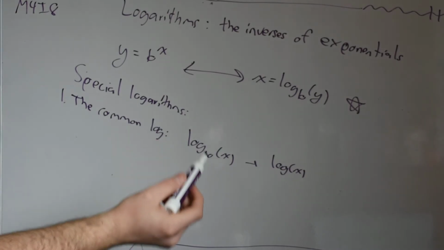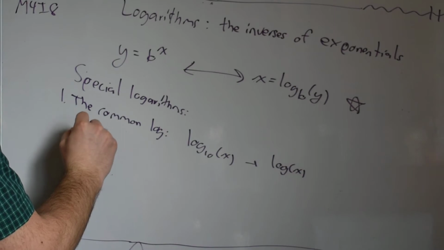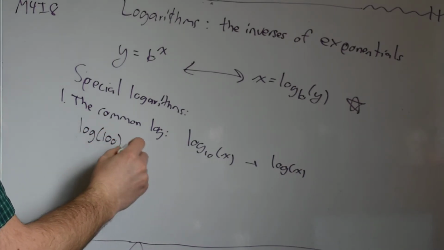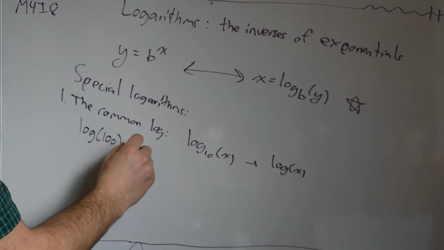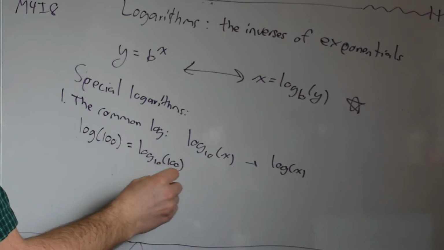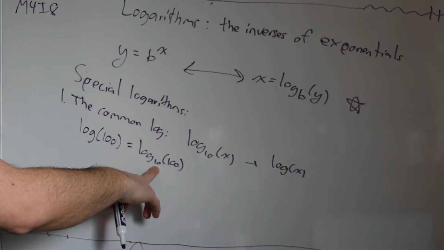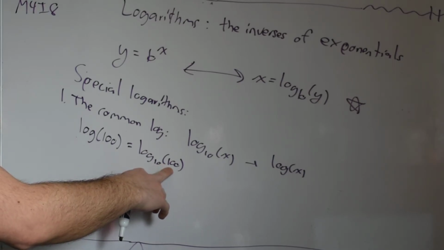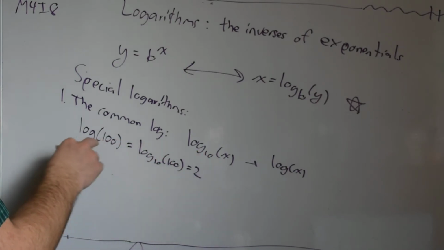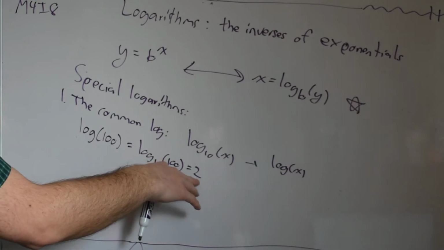An example for this would be if we're asked to evaluate log of 100, well, this is log base 10 actually. So we think to ourselves, what power do we raise 10 to get to 100? Well, we square it. So log of 100, which is the same as log base 10 of 100, is equal to 2.